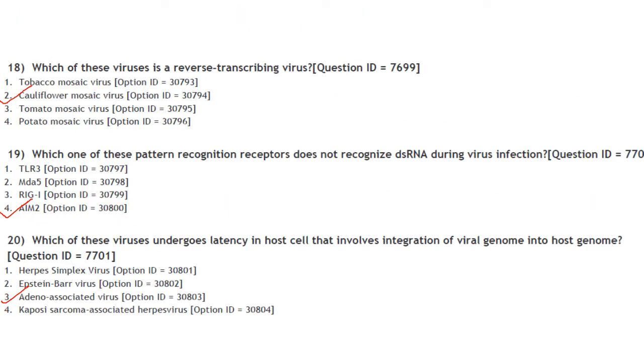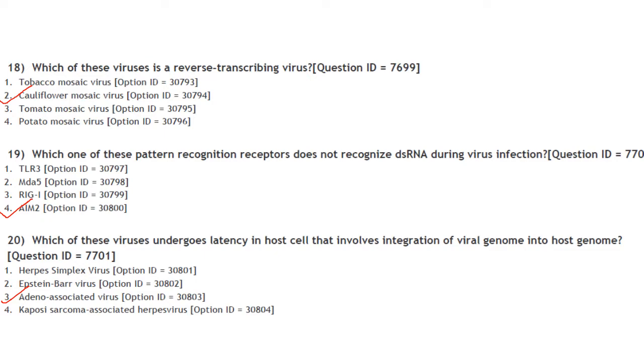The next one. Which of these viruses is a reverse transcribing virus? So it is option 2, that is cauliflower mosaic virus. Answer is option 2. Then which one of these pattern recognition receptors does not recognize double-stranded RNA during virus infection?